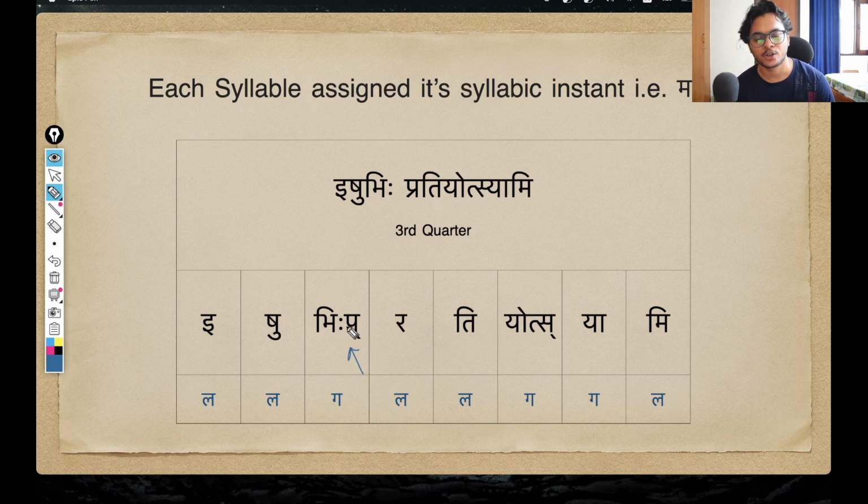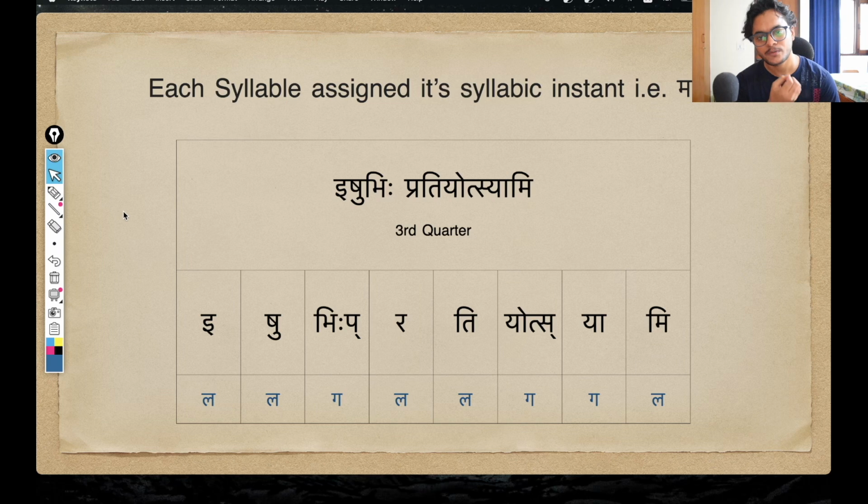So again, for that reason also it is guru. Ra, it is laghu. Ti, it is laghu. Then you see yots, it is guru, because it has a long vowel. Apart from that, it also has a following conjunct consonant. So in either case, it is guru. Ya, dirgha a, it is guru. Mi, a short vowel i, it is laghu.